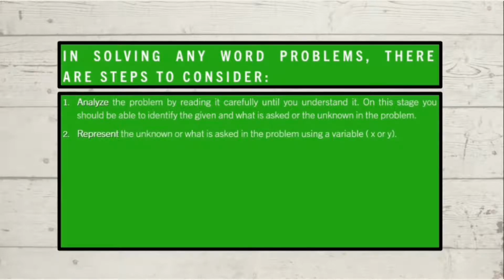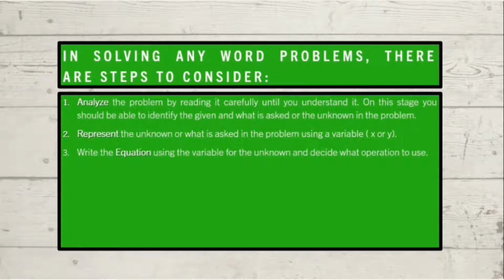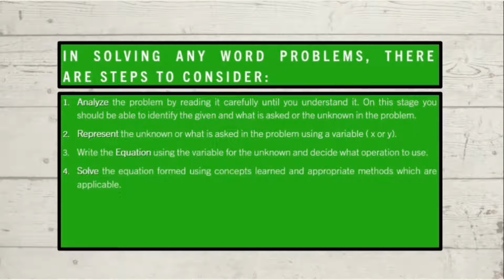Second, represent the unknown or what is asked in the problem using a variable x or y. Third, write the equation using the variable for the unknown and decide what operation to use. Fourth, solve the equation formed using concepts learned and appropriate methods which are applicable. The fifth is check your answers.